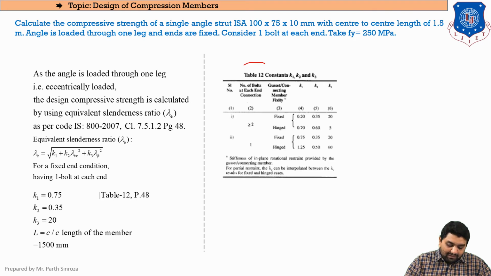From page 48, table number 12, you can see the given constants k1, k2 and k3, and they depend on the number of bolts at each end. For that purpose it is given in the question to consider one bolt at each end. Clear? If it is not given in the question, we will always assume this case, that is considering one bolt at each end. Clear?